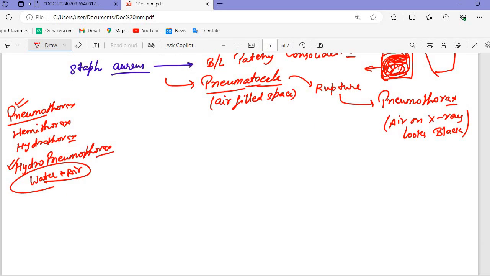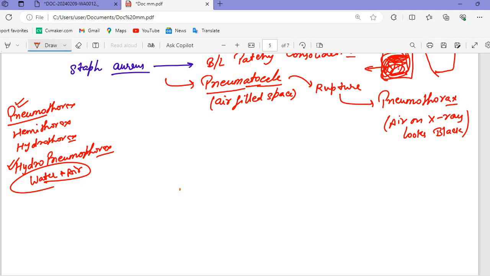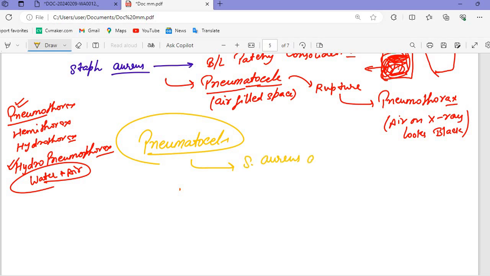Also remember one thing here, pneumatoceles can be seen. So whenever you get pneumatocele in the questions, remember this is Staph aureus associated pneumonia.